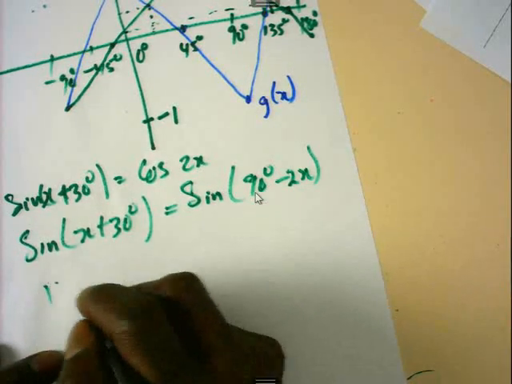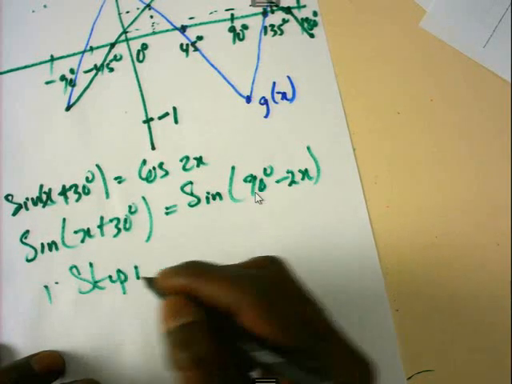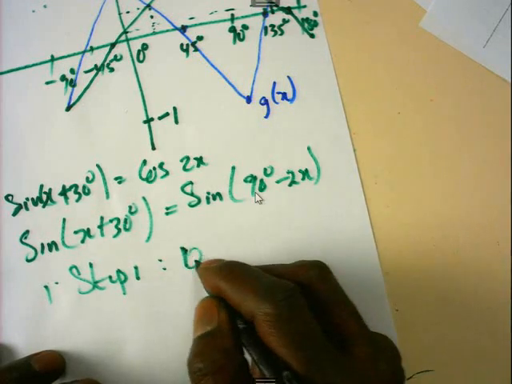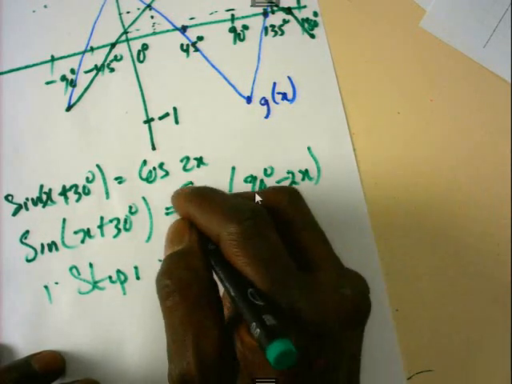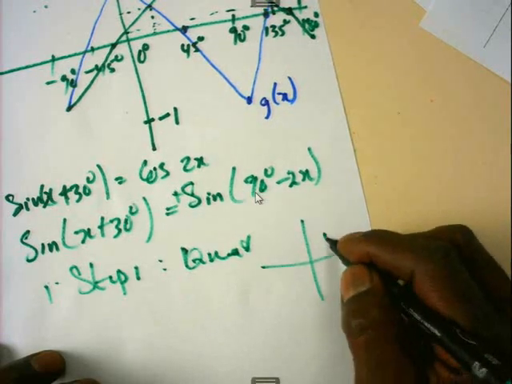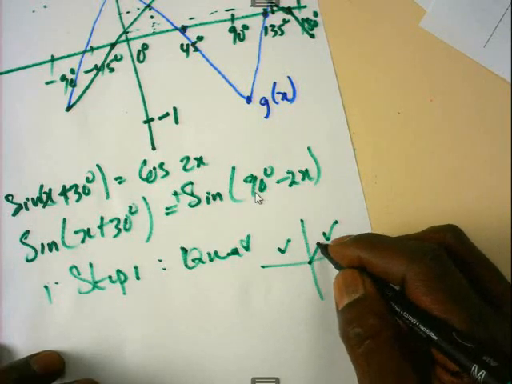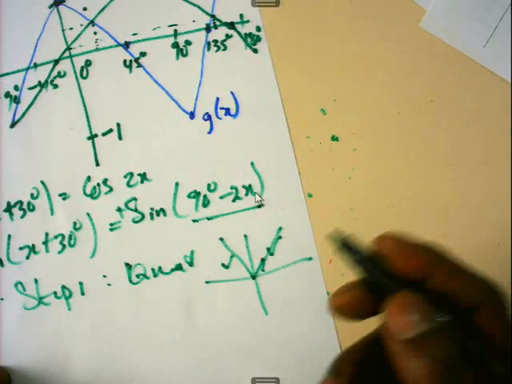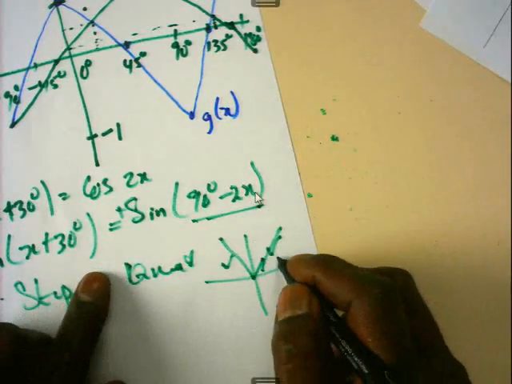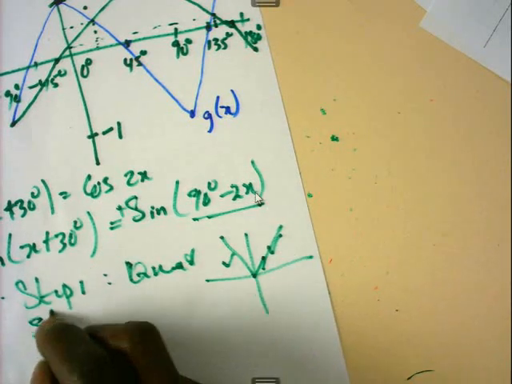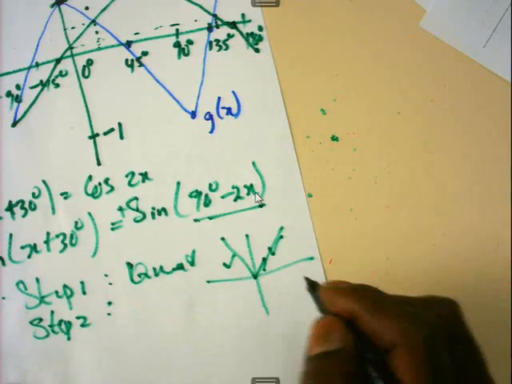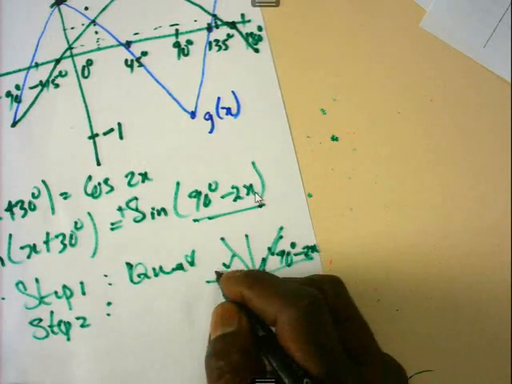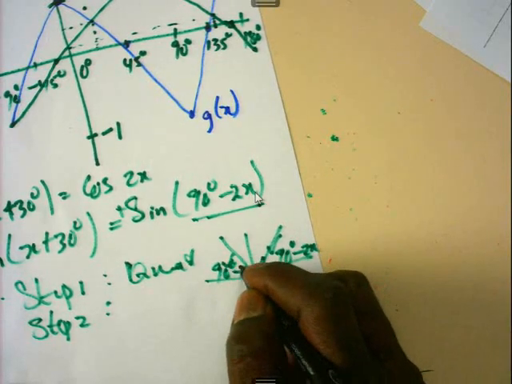Now we are going to follow the same steps. Step 1, the quadrant: sine is positive in the first and the second quadrant. Because we've got x there, we are not going to calculate the reference angle, which is step 2. We are just going to write the reference angle as 90 degrees minus 2x.